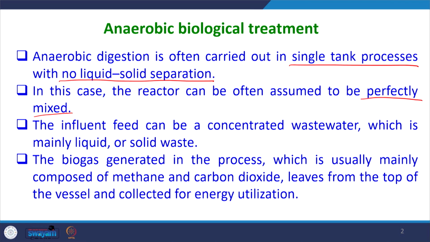In the anaerobic biological treatment systems, we have gases which are generated. The biogas generated in this process is usually mainly composed of methane and carbon dioxide, and leaves from the top of the vessel and is collected for further energy utilization.